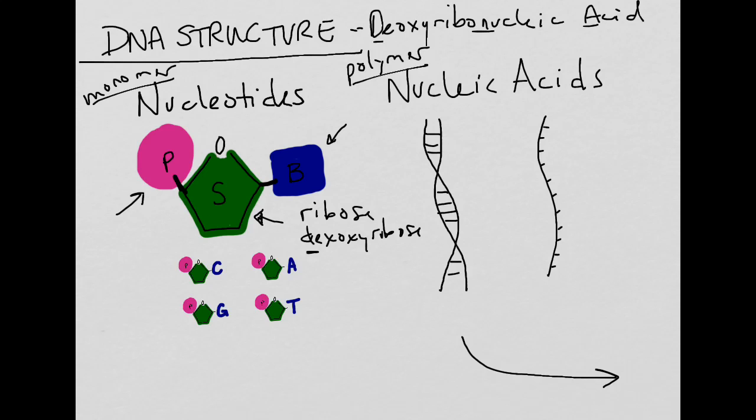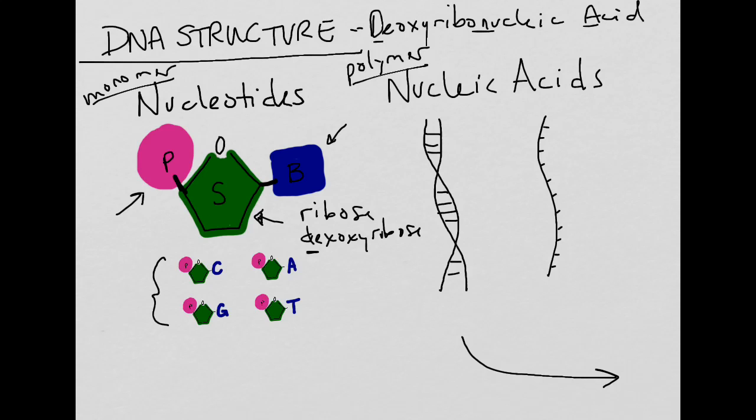So in deoxyribonucleic acid monomers, the nucleotides of DNA, the bases that you will see are shown here. A, T, C, G. And what do those stand for?